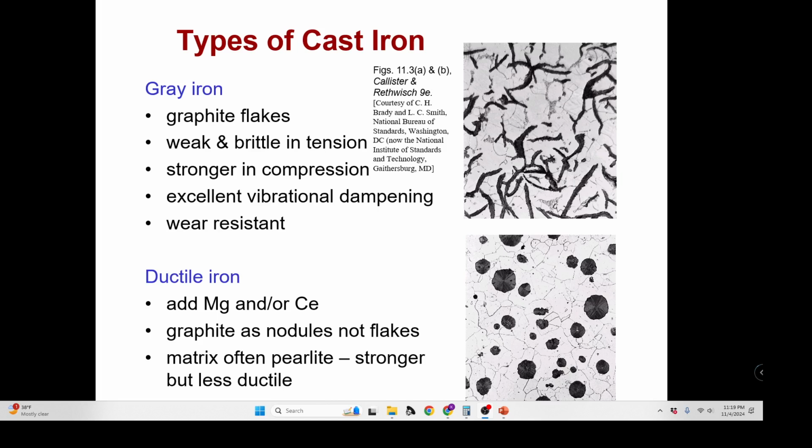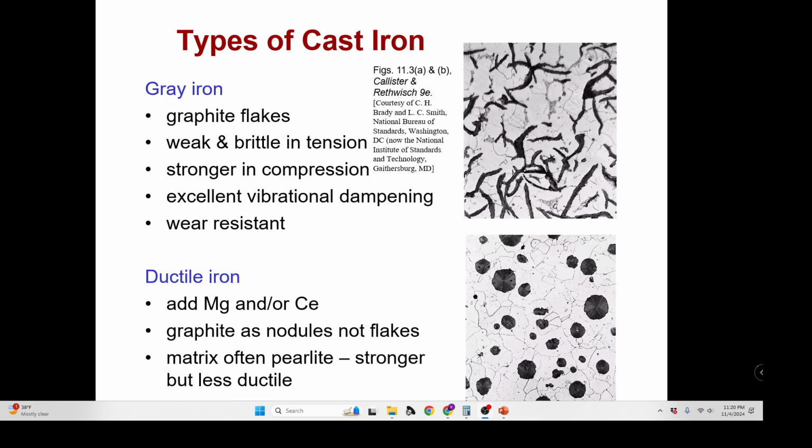It'd be a great material to make something like a press out of, or an arbor plate that goes on a press. It's typically going to be a cast iron, something that's expected to have large compressive loads. This kind of gray iron is very wear resistant and very good at vibrational damping, so it's used in a lot of feet and housings for big heavy equipment.